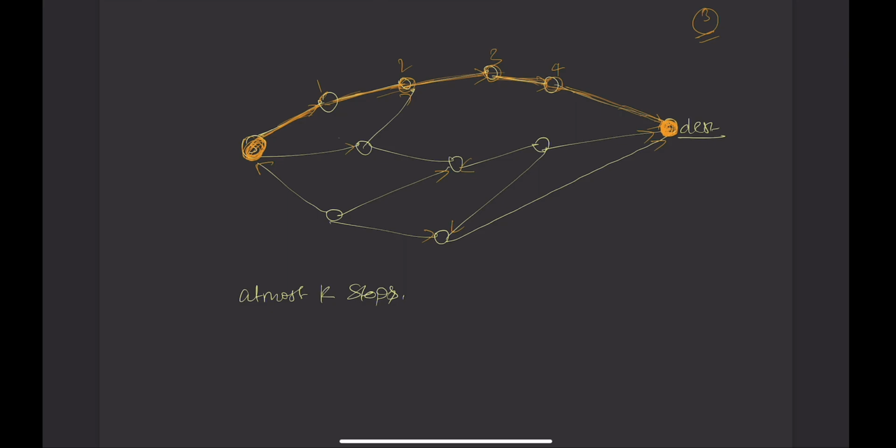So if 3 is good, and if there is a path from here to here directly, then maybe this path may be better because it requires only 2 jumps.